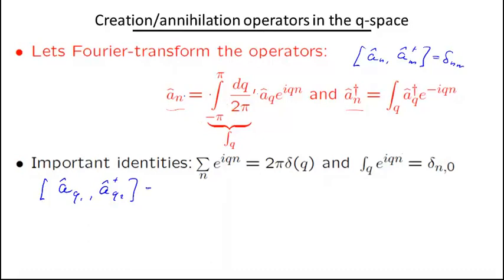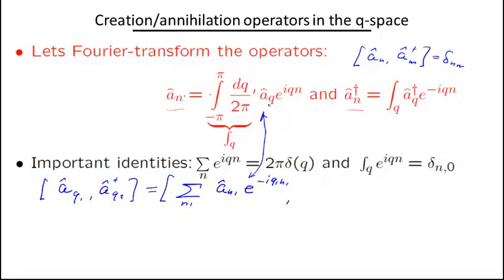So let's say the first term in this commutation relation, A sub q1, can be written as a sum over n1 of A sub n1 e to the power minus i q1 n1. So this is an inverse Fourier transform, in some sense opposite to this guy here.